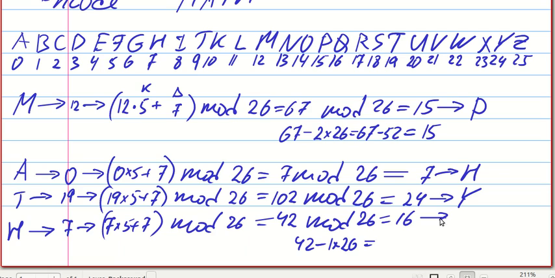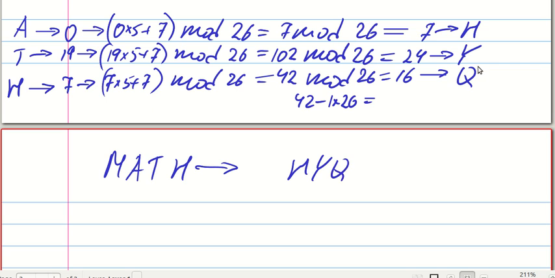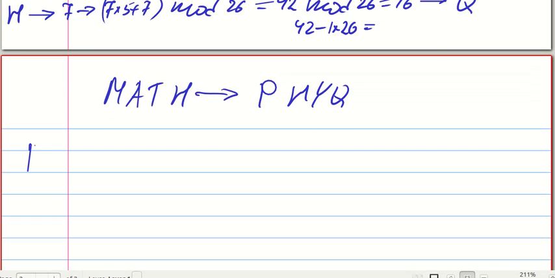And 16 is Q. So that means the word math encoded with affine cipher will be P, H, Y, Q. That's encoding. Unfortunately, decryption is not that easy, so let's look at the decryption. So decryption is going backwards.